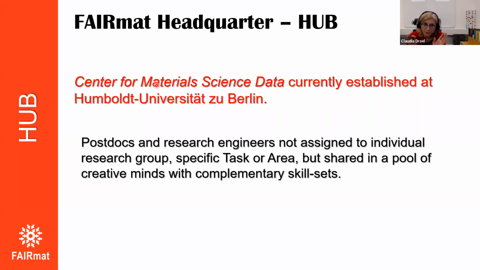So these are people from computer science, informatics, physics, chemistry, theory, and experiments. All of them work together to build up this data infrastructure that I just discussed with you.